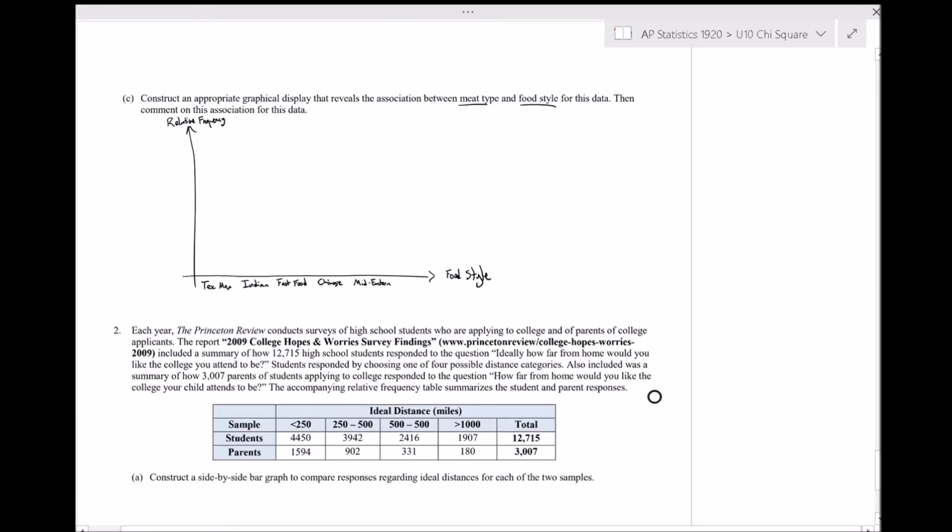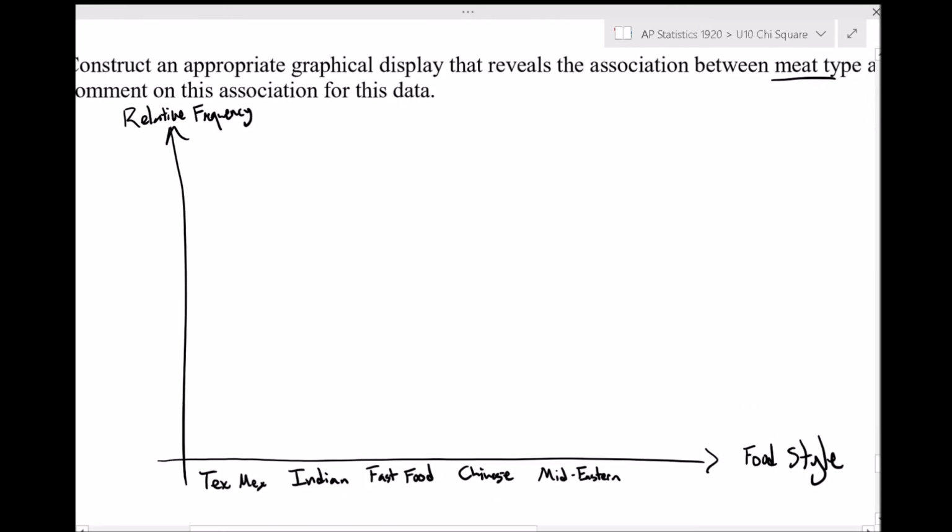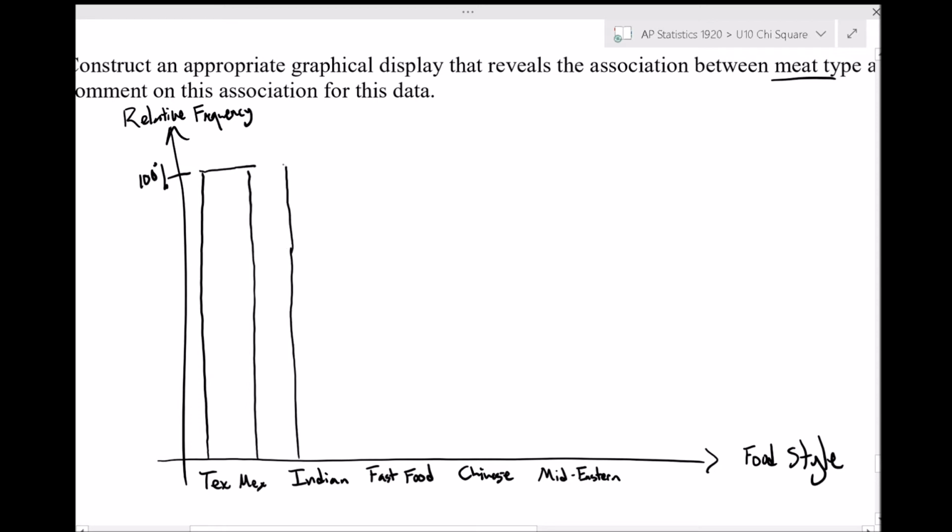Okay, so then what we do is we draw 5 bars of the same height. And what's the height? 100%, or 1 as a proportion. So I'm copying the same big bar with the same height, 100% all the way across. What's going to differ is how these things are segmented.